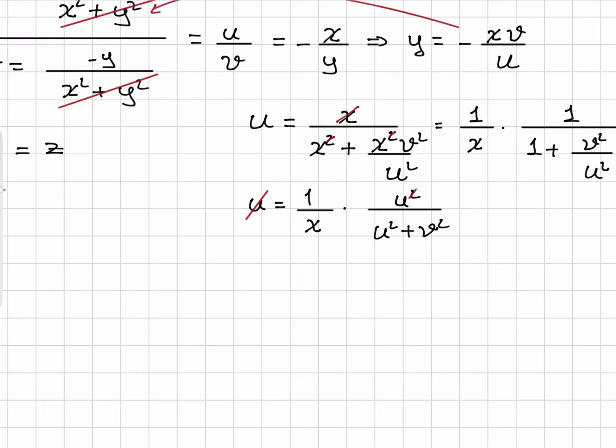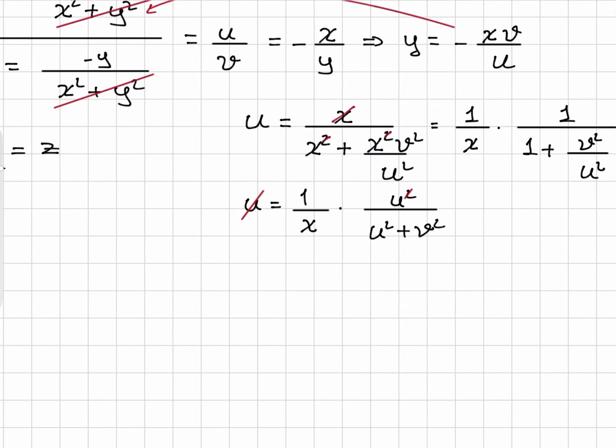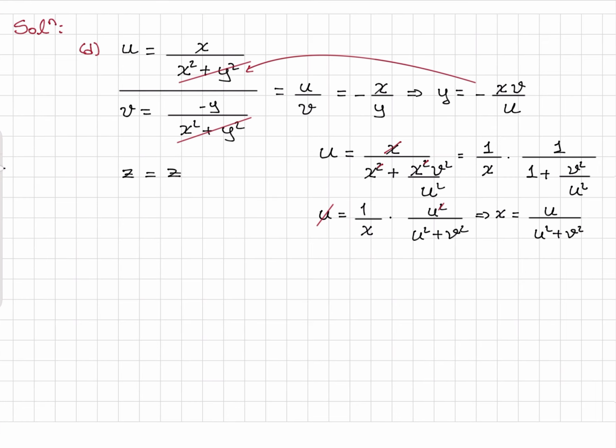So I will have 1 is equal to 1 over x times u over u squared plus v squared, which means I can write x is equal to u over u squared plus v squared. So I have solved for x.